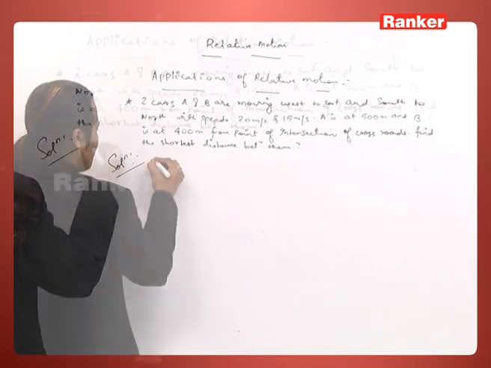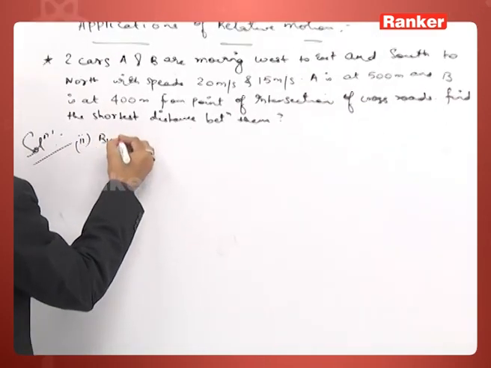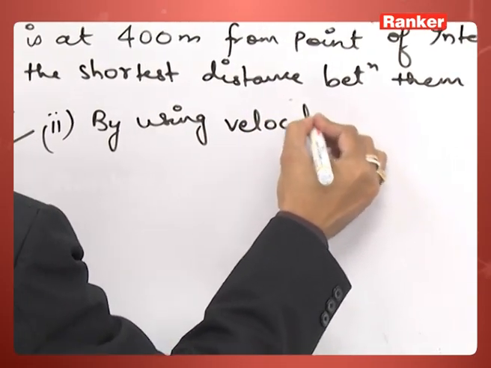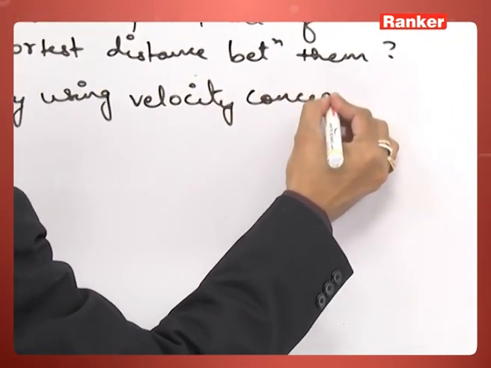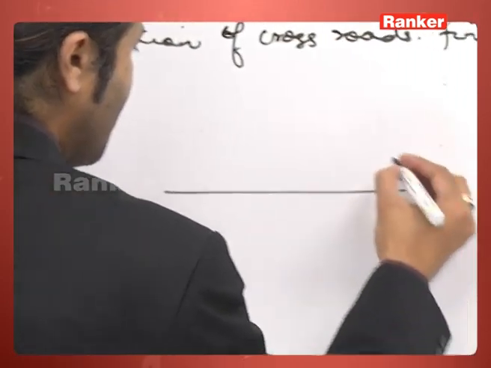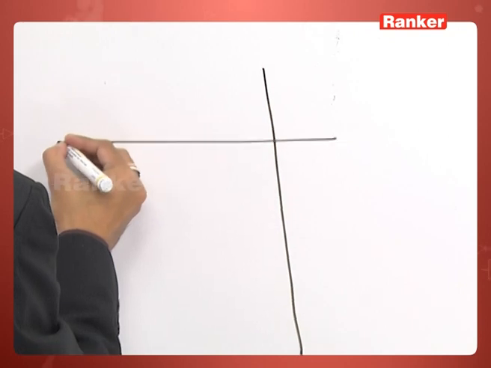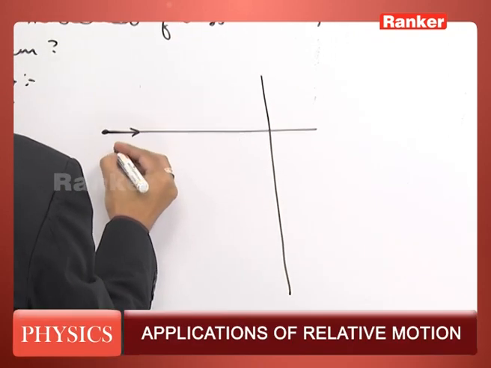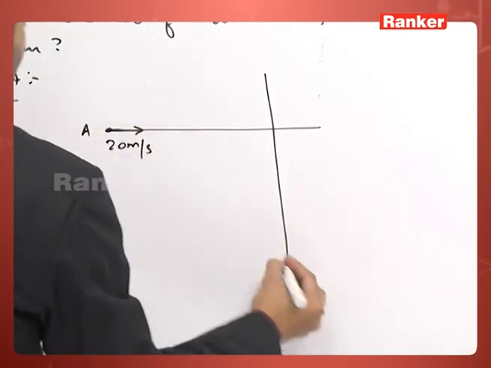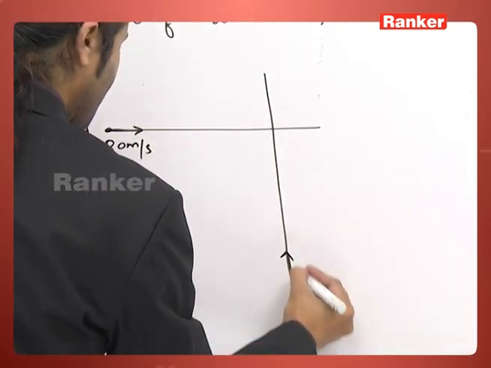Next we will solve this by using the velocity concept. Like I can draw this diagram. This is moving with a speed of 20 meter per second. This is moving with a speed of 15 meter per second.